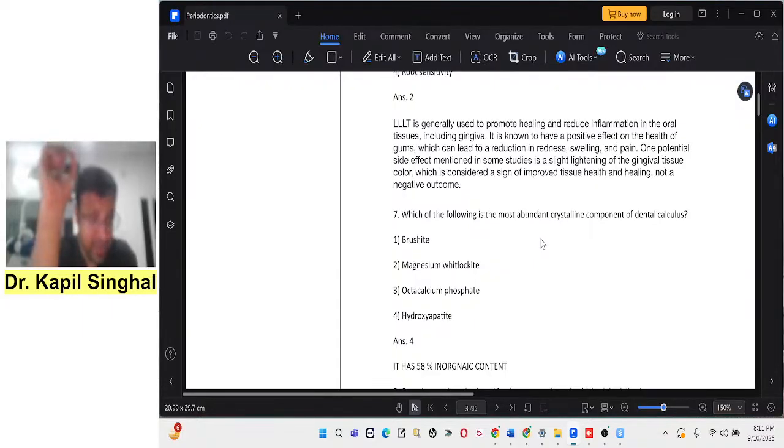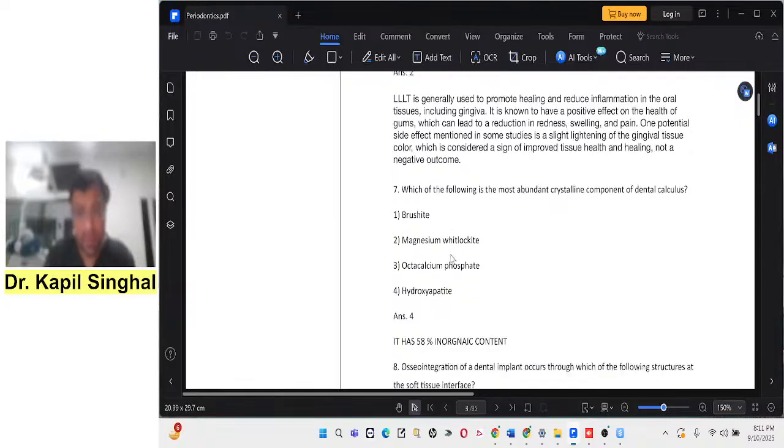Hydroxyapatite is around 58%. Magnesium whitlockite is around 21%. Octacalcium phosphate is around 12%. And brushite is just 9%. So out of this, the best answer here would be hydroxyapatite.